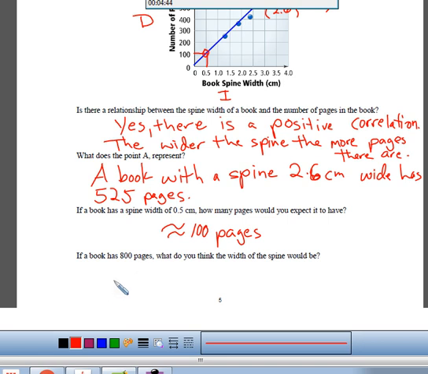Either the width of the spine would be more than 4.0 centimeters, or about, say, 4.5 centimeters. So it's not an exact answer. Make sure that you use the approximate sign or you use the word about.